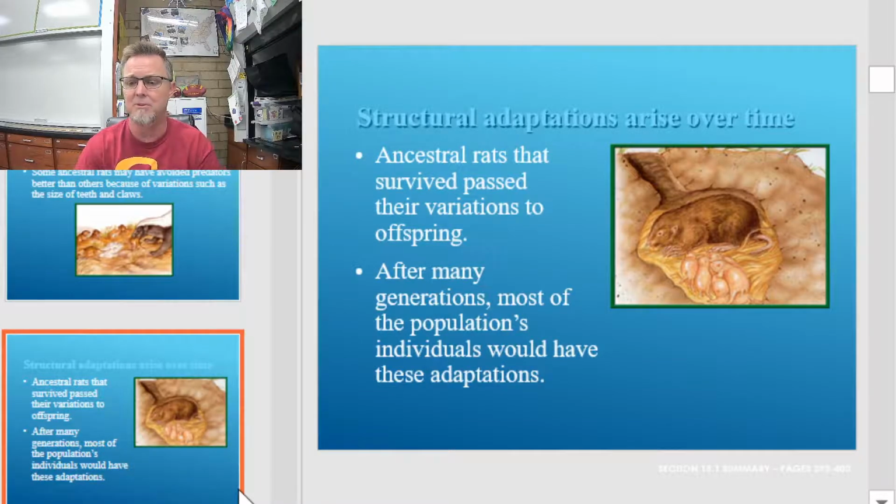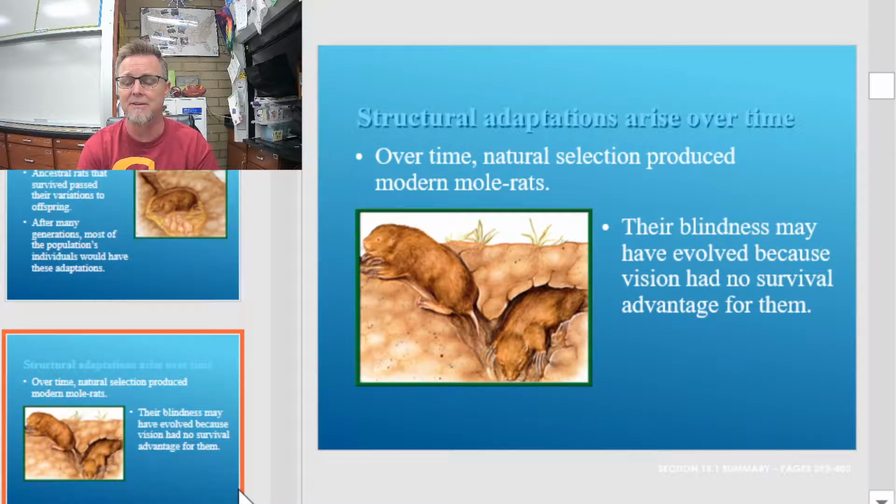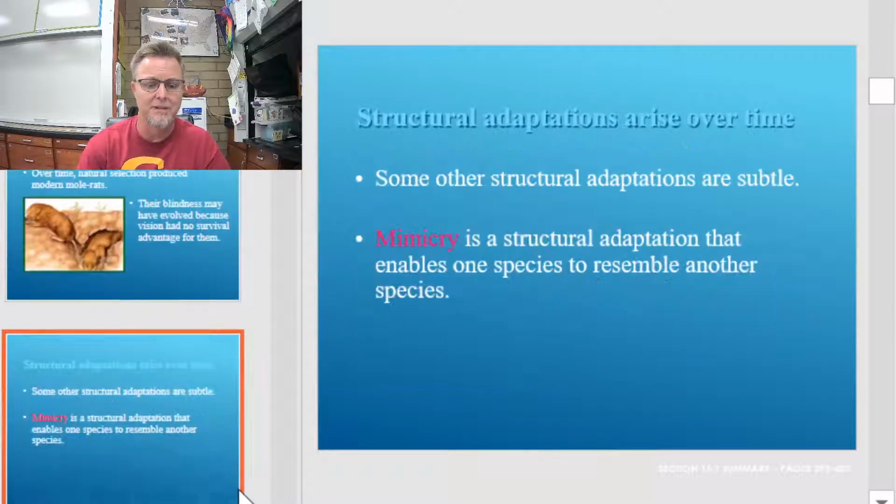And now you can see we've got this mole-looking thing that's living underground and reproducing successfully. And as it continues to live underground and reproduce this way, natural selection, in theory, produced the modern mole rat, all the way down to its giant claws and itty-bitty eyes, blindness, and short tail, the works, and it lives underground. So all of these things are adaptations that we now see in a mole rat that are theoretically passed down from one generation to the next as a result of natural selection.